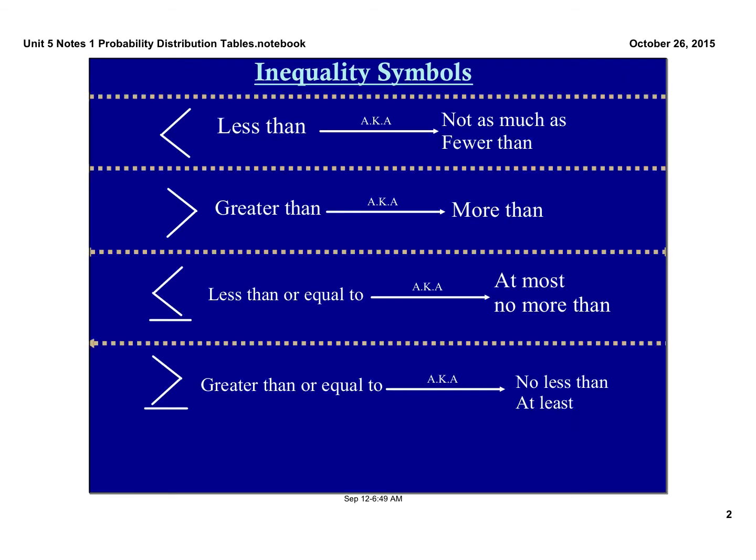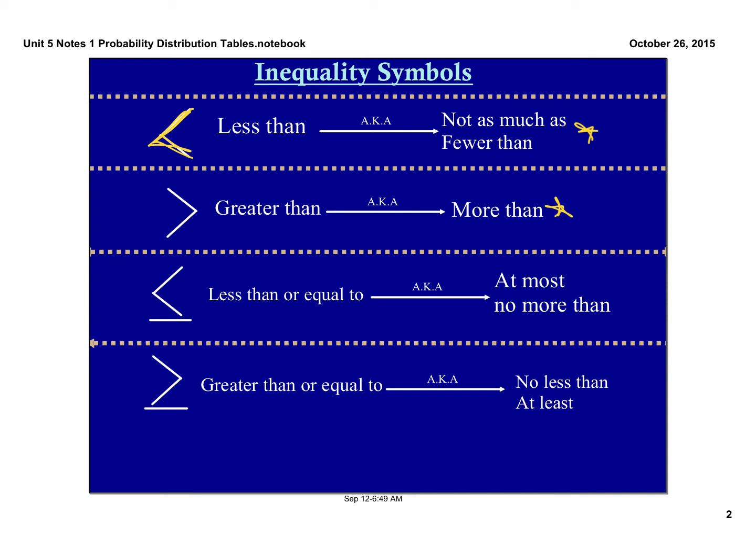This next slide is just a review of inequality symbols. We are going to work with inequality symbols in this unit quite a bit. You can see less than, greater than, less than or equal to, and greater than or equal to. The nice thing here is these extra phrases that you'll sometimes see that translate into a certain symbol. Not as much as or fewer than is the same thing as less than.